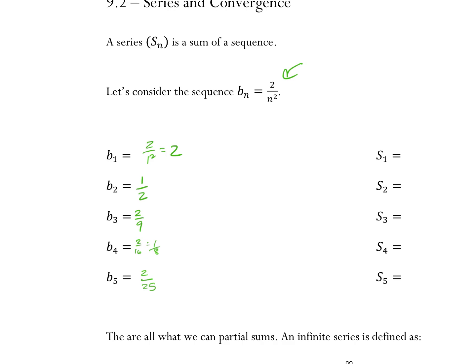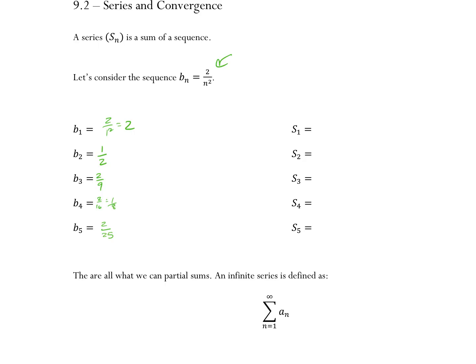So this is the sequence. S sub n is the sum. S1 and b1 are going to be the same value. But S2 is going to be the first term plus the second term, because it's the sum of the first 2 terms of the sequence.